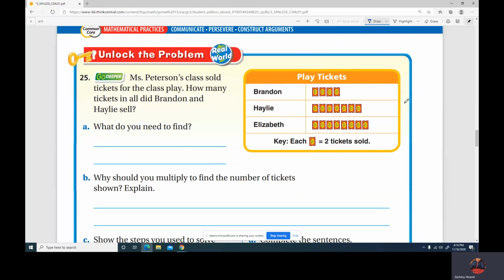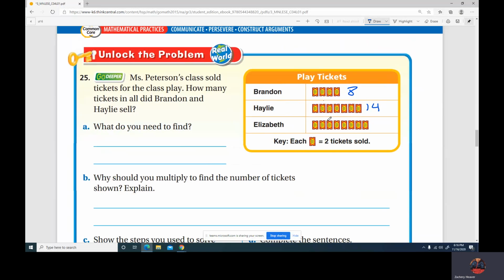Before we start anything, let's decode our graph. Each ticket sold is worth 2 tickets. So one of these tickets stands for 2. So Brandon has 2, 4, 6, 8. He sold 8 tickets. Haley, 2, 4, 6, 8, 10, 12, 14.